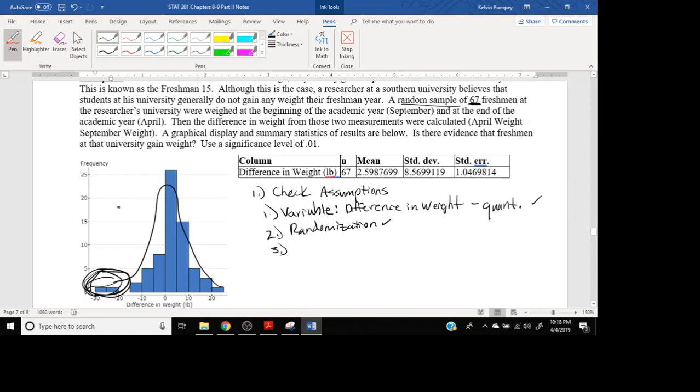And so even if this shape isn't bell-shaped, which I believe it is, then this n equals 67 allows us to proceed using our t distribution for inferences in the next step where we calculate our test statistics. So the t distribution seems okay.